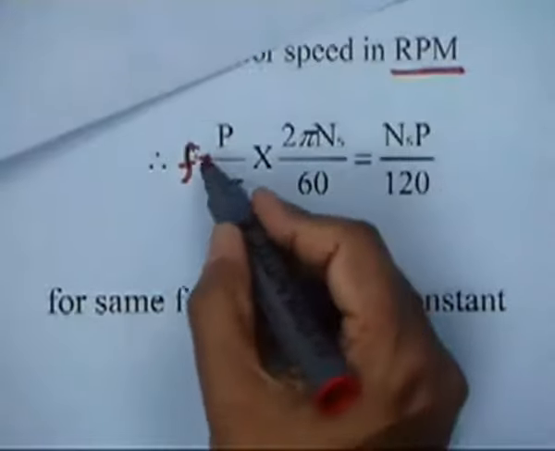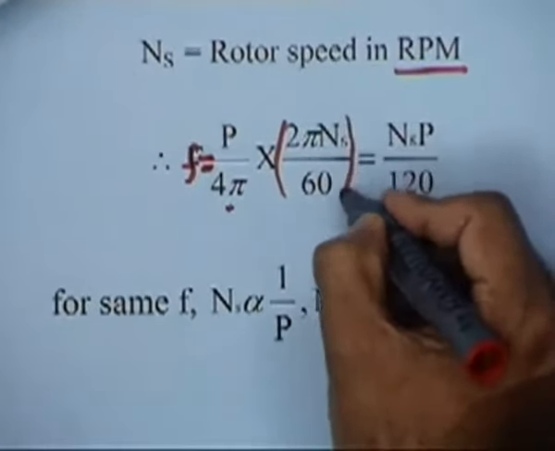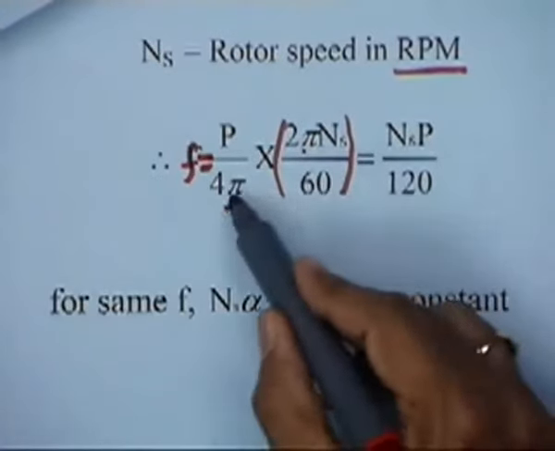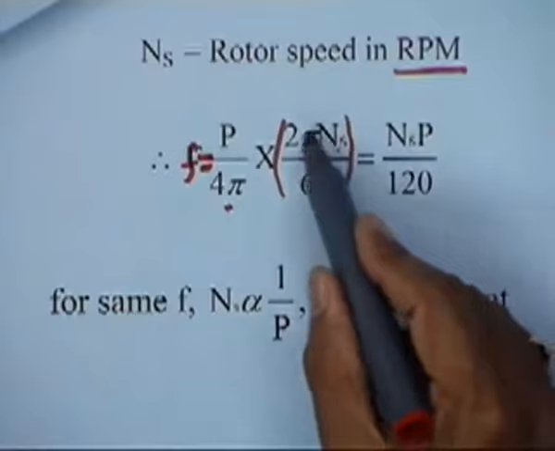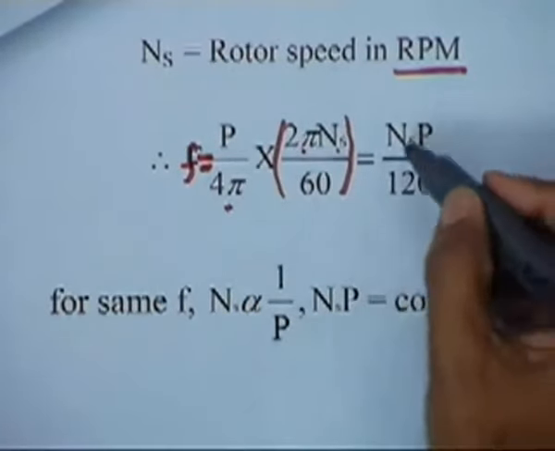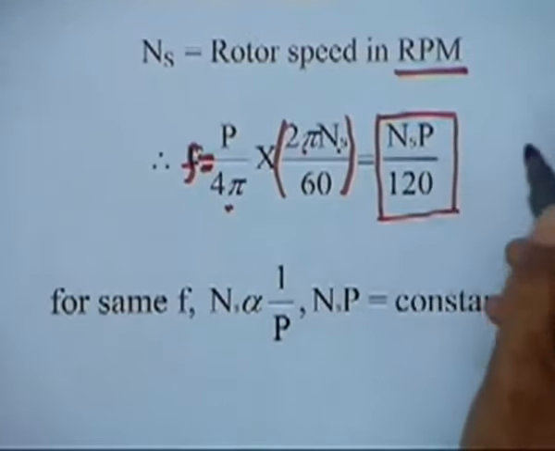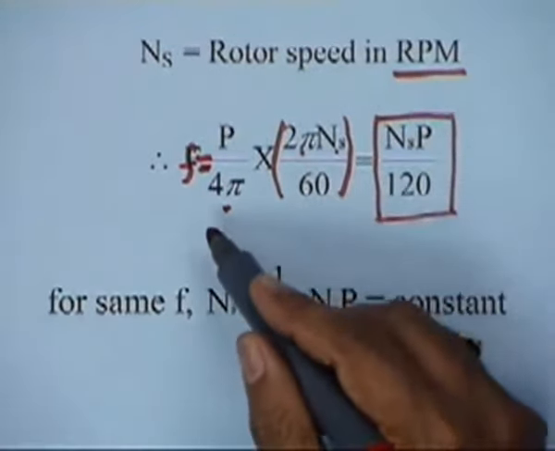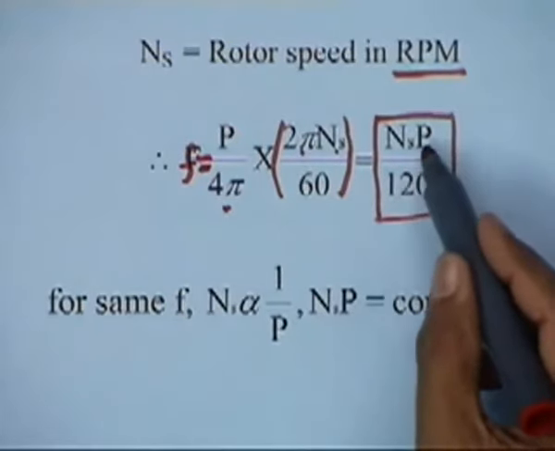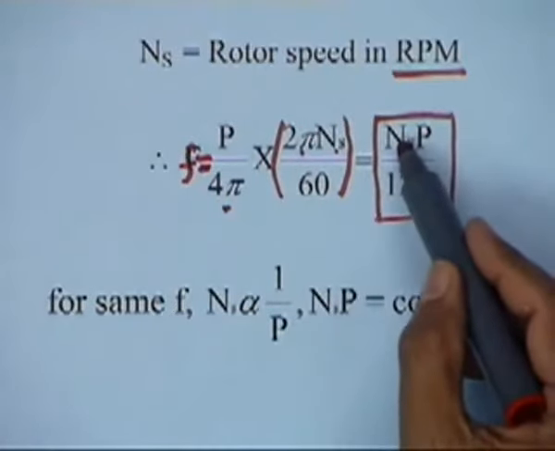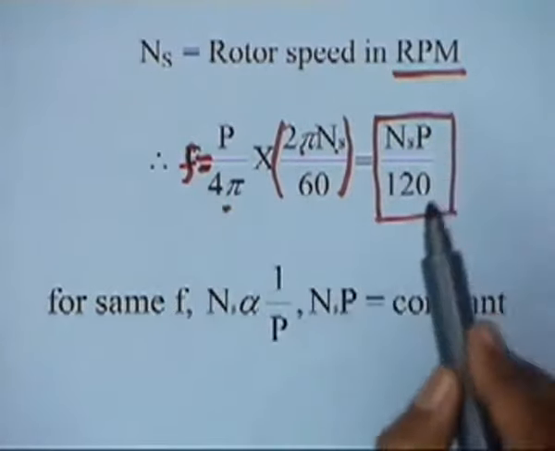Now we write the same thing: frequency is equal to p by 4 pi into omega m, and we substitute 2 pi ns by 60. Now pi gets cancelled, and you will have 2 into 60 is 120. You have ns into p divided by 120. So the frequency of a generated voltage in a synchronous machine is ns into p by 120, which means it is proportional to the speed and proportional to the number of poles.